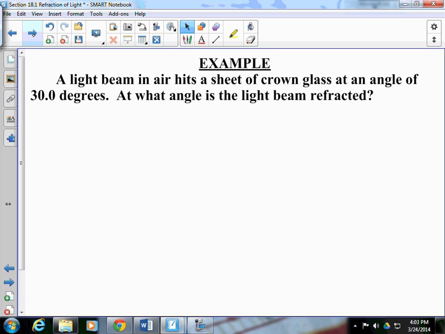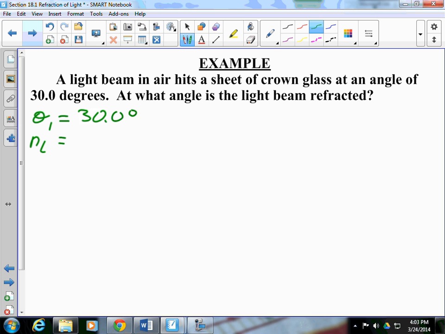So if we take a real life example of Snell's law of refraction, a light beam in air hits a sheet of crown glass at an angle of 30 degrees. At what angle is the light beam refracted? Well, what we have here is very simple. We have angle 1 in air is 30 degrees.